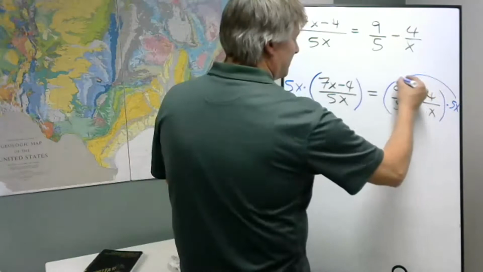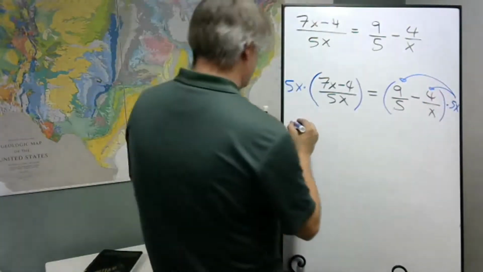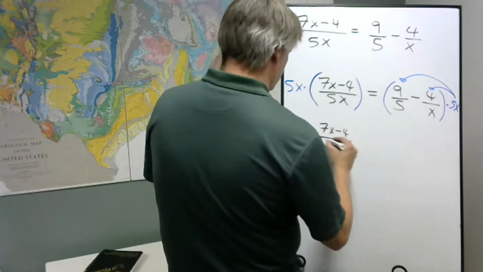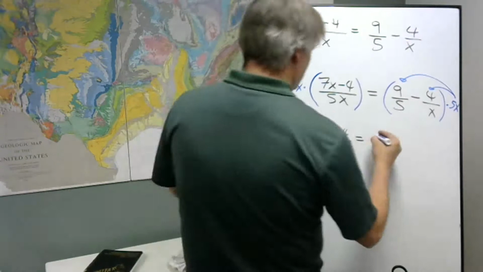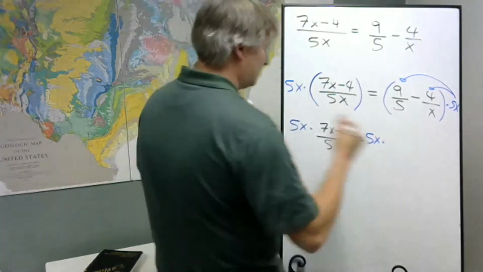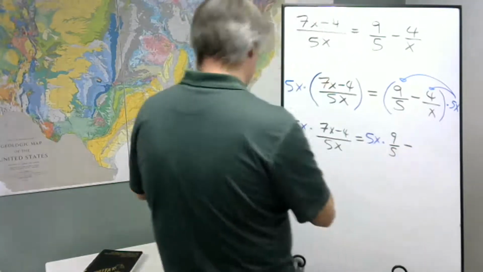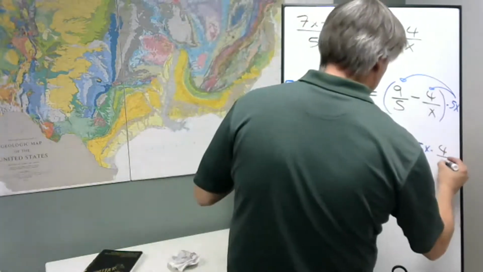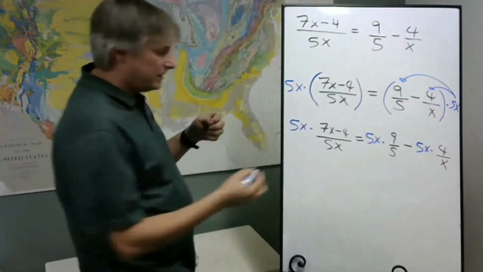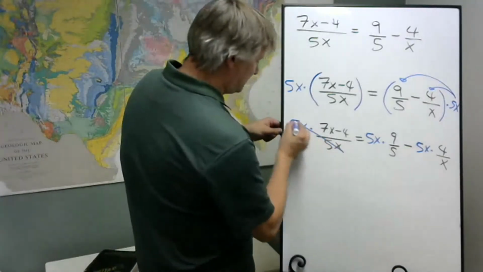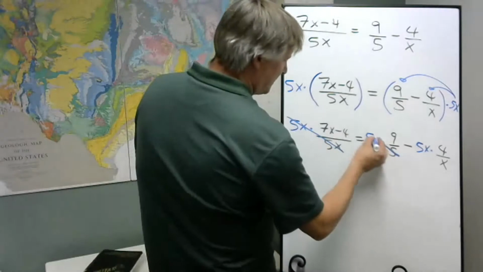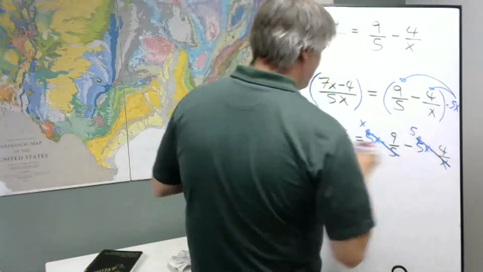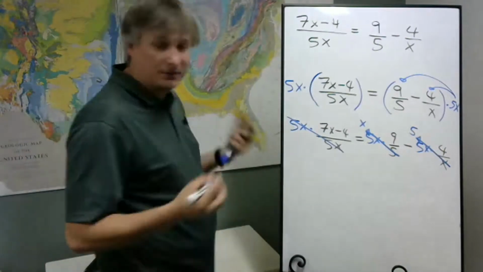So we're going to distribute the 5x over here. So we'll cancel denominators. The 5x's are just going to cancel. They're gone. Now this one, 5 goes into 5x, so I'm going to leave behind an x here. And then x goes into 5x, we're going to leave behind a 5. So now the denominators are gone. Well, what's left over?